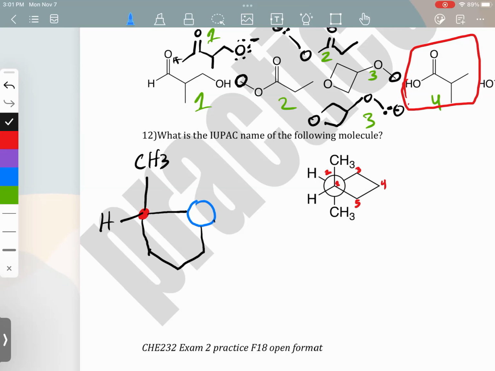Second, it's opposite. So CH3 and a hydrogen. Oh, that'll be your sawhorse looking. It's kind of weird looking, but you have your 5 carbons. Like I said, this is carbon 1, 2, 3, 4, 5.